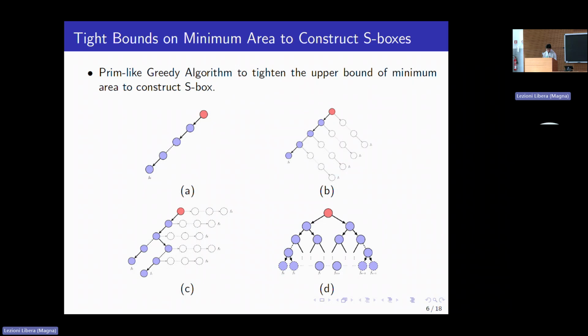This process is repeated in picture C and picture D until all the Boolean functions of the S-box are built. In this way, we can obtain a locally optimal solution for the area of S-box, which can also be regarded as an upper bound of area.